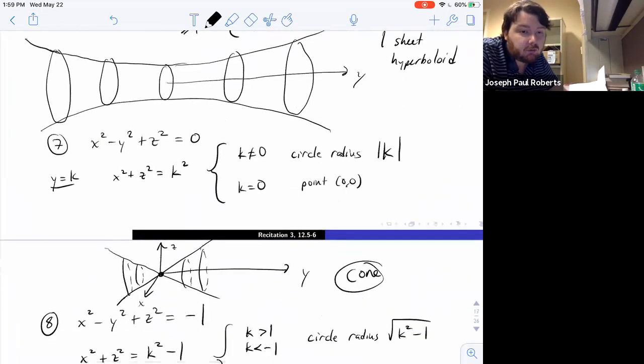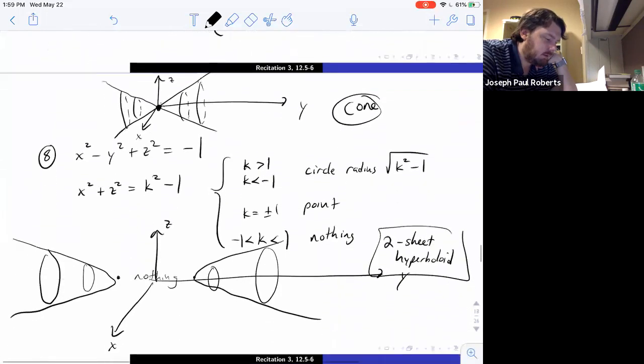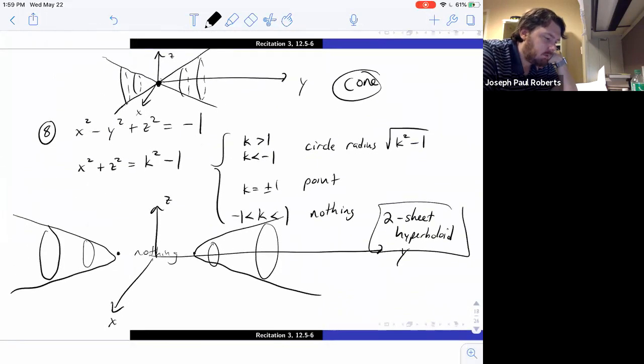The cone, not only does it shrink down to a single point at one value of k, but also the radius is a linear function of the y value, so that's why you get these straight edges on your cone, as opposed to the curved edge on the hyperboloids. And then finally, the two-sheet hyperboloid, you have this ellipse family that vanishes for a while and then comes back.